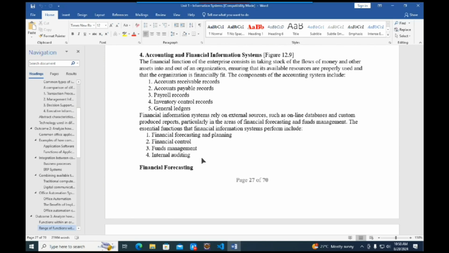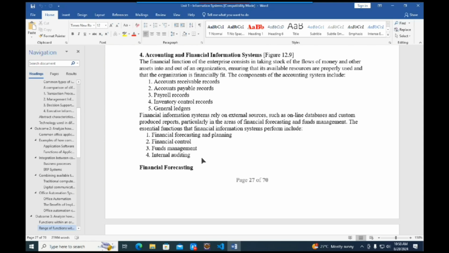When we are dealing with financial information systems, you're going to rely on external sources, for example online databases and product reports. Basically, we want to do a forecast of the finances and even the management of the funds.